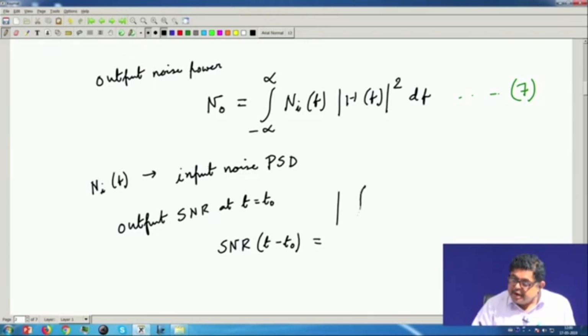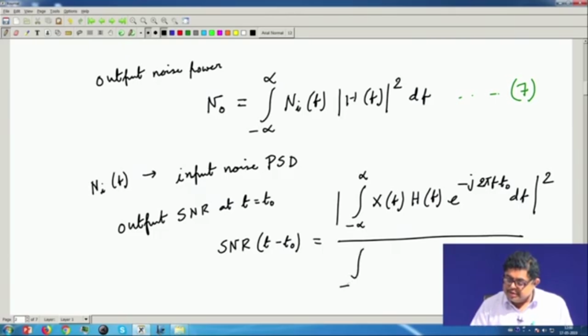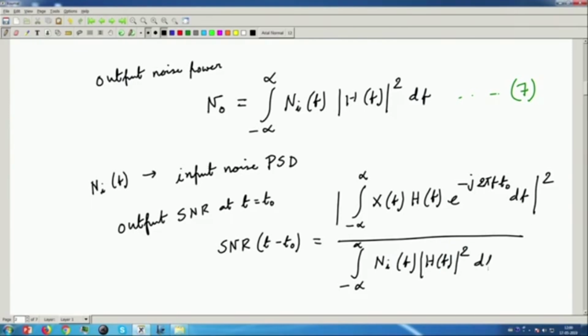So, I can write the integral from minus infinity to infinity of X(f) H(f) e to the power minus j 2 pi f t_0 df, then I will take the square, divided by the integral from minus infinity to infinity of N_i(f) |H(f)| squared df.